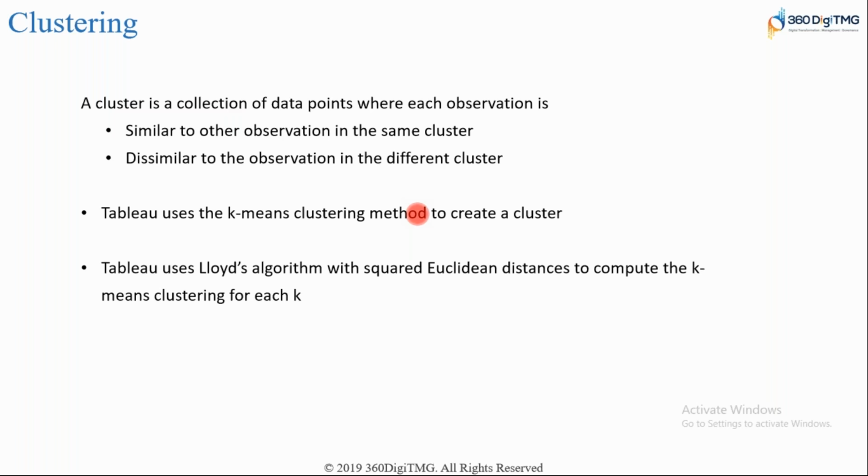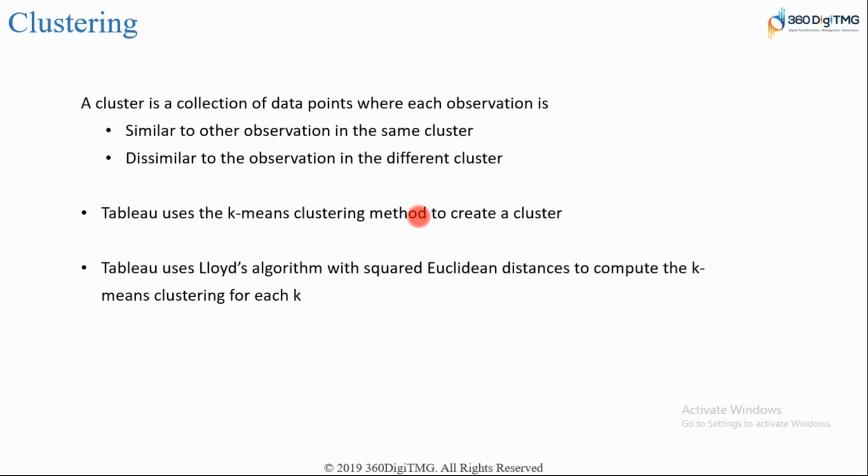We manually clicked on the marks on the data points and then chose the paperclip icon to create a group. You all need to recollect that concept now. Now I'm telling you there is one more method of creating a cluster by using a statistical concept called the k-means clustering method. This falls under the category of data mining unsupervised techniques.